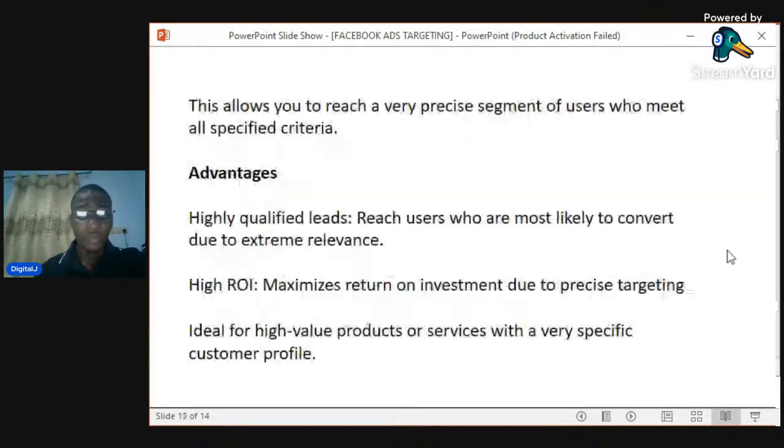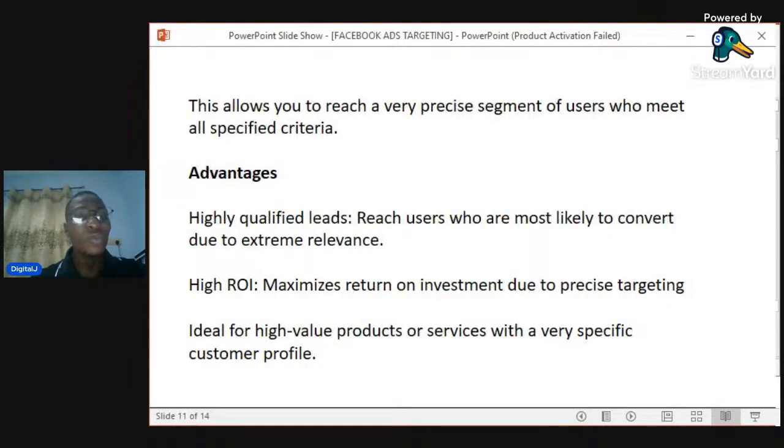So let's continue. Now, narrow targeting allows you to reach a very precise segment of users who meet all specified criteria. It means that you are going to be reaching out to a very specific set of persons, a very specific set of users. Understand?